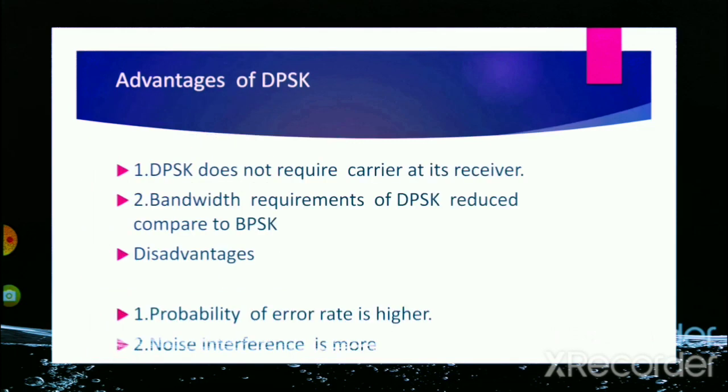Advantages of DPSK. DPSK does not require a carrier at its receiver. Bandwidth requirements of DPSK are reduced compared to BPSK. Disadvantages: probability of error rate is higher and noise interference is more.